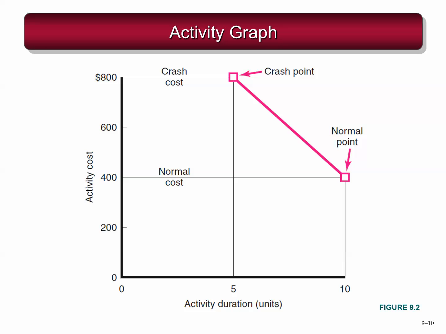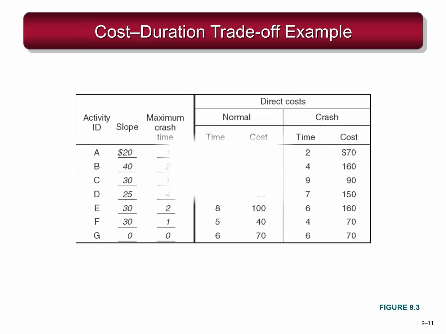You're looking at the change in duration and the change in activity cost. So what this comes down to as a practical matter is the cost per unit of time that you reduce your schedule. For example, this is typically what you're given in a crash problem: a normal cost, normal time, your crash cost, and your crash time.